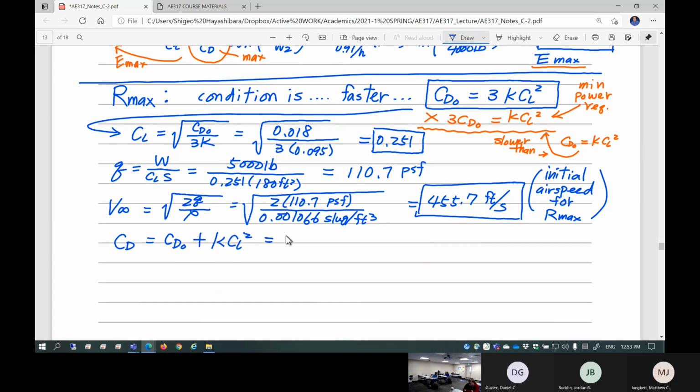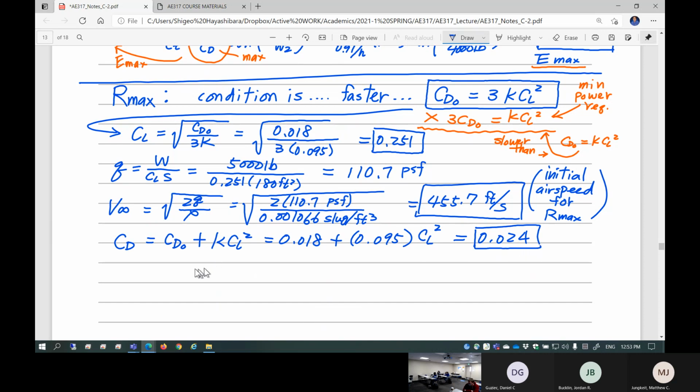We know CDO is 0.018, K is 0.095, times CL squared, right? Now CL is 0.251. You just plug it in, and then you are going to have CD of 0.024. So this is the CD for your maximum range.